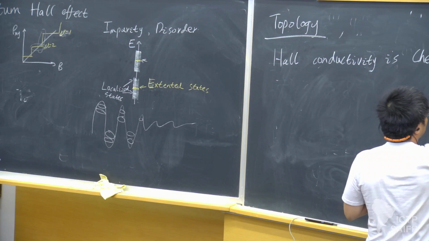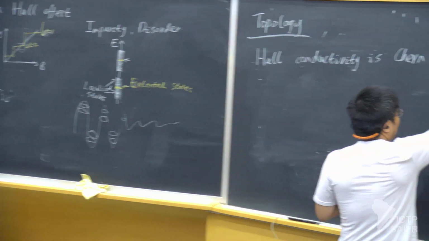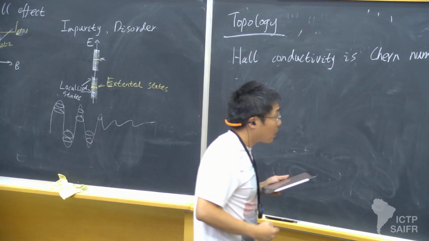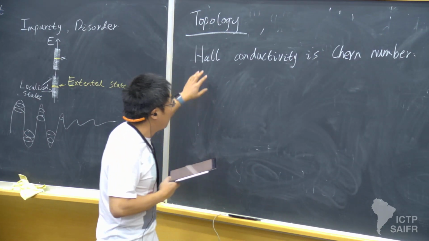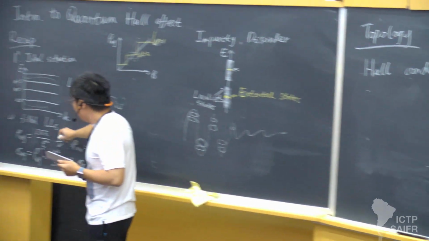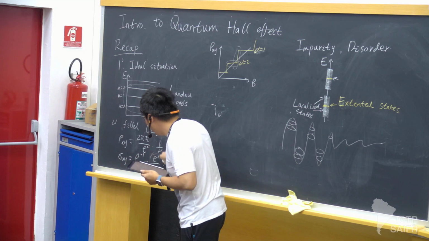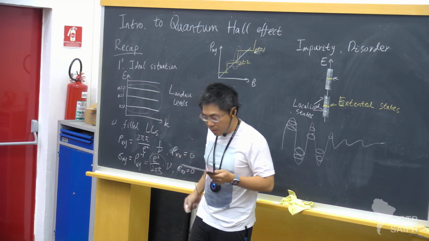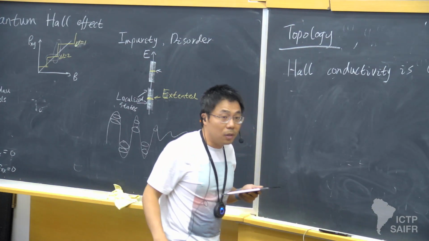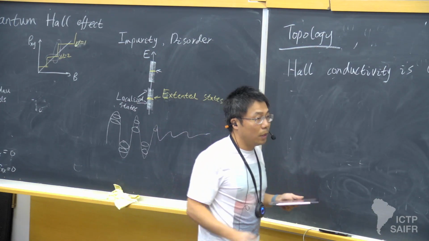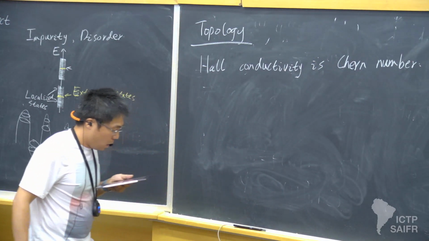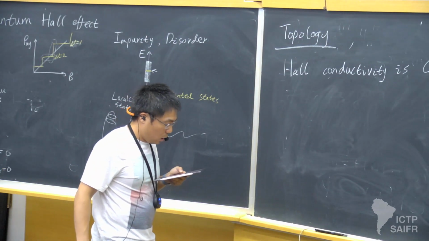It's probably one of the simplest topological invariants in algebraic topology, which I will also explain. But the punchline is really that the Hall conductivity, besides this universal number of physical constants, is a Chern number. And this Chern number is always a quantized integer. So that's why it's always quantized.